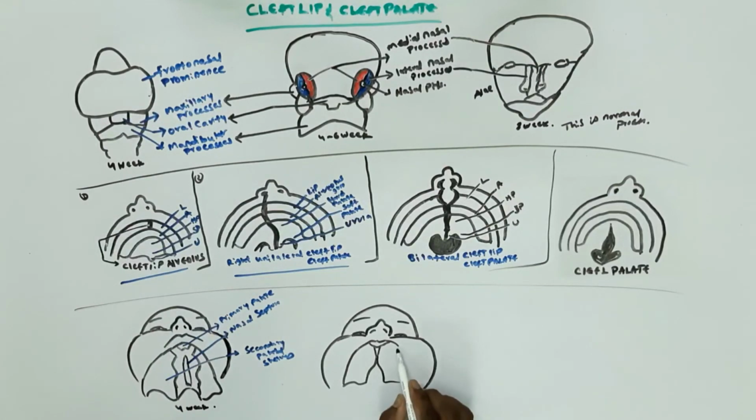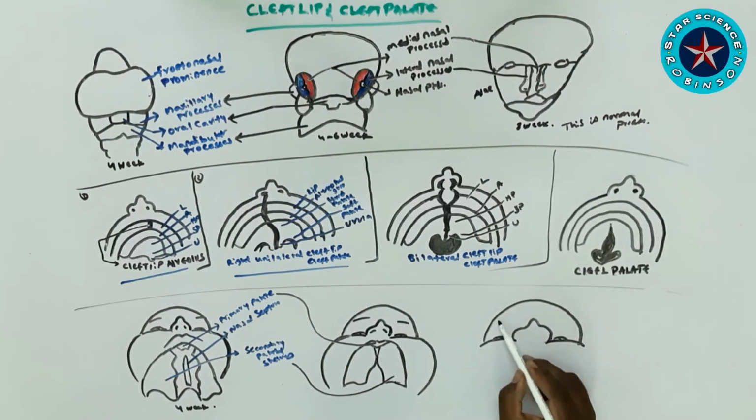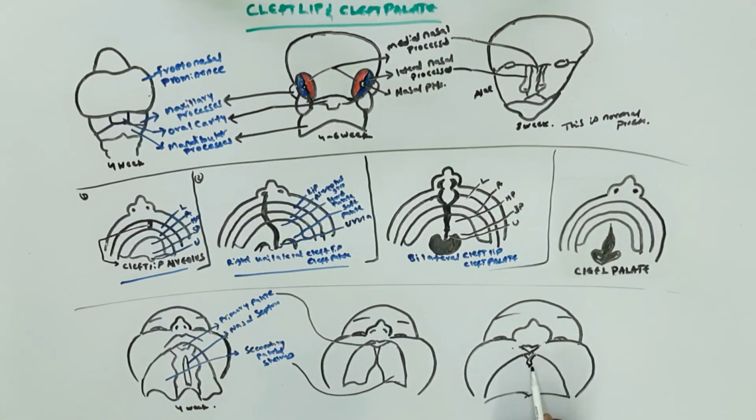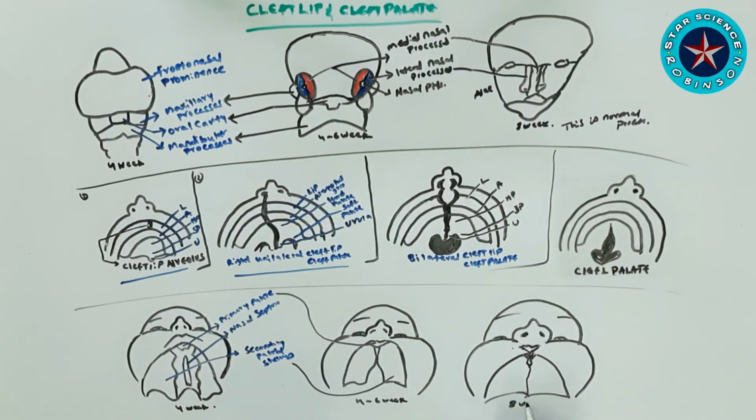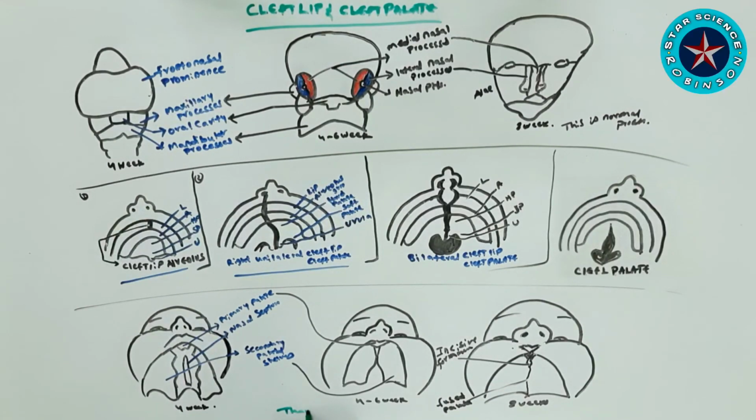If it is not properly fused together, then we get cleft lip and palate. At the 8th week, the secondary palate is the fusing of both maxillary processes, and the primary palate is the downward growth of the intermaxillary processes. This will occur at the 8th week. When there is no proper fusion of the primary and secondary palate, it will lead to cleft palate.